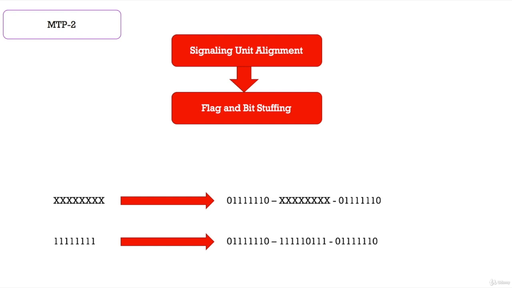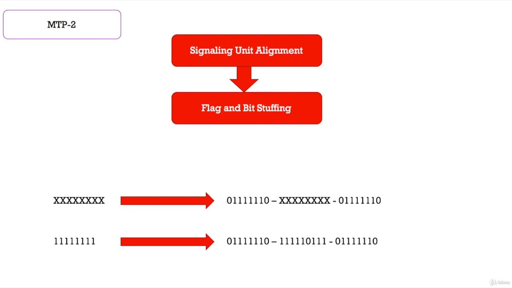Suppose it has to send the XXX information over the wire, then it will basically send the flag first, then send that information, and then again send the flag later on, so that the signaling unit is packetized using these flags before and after the signaling unit.